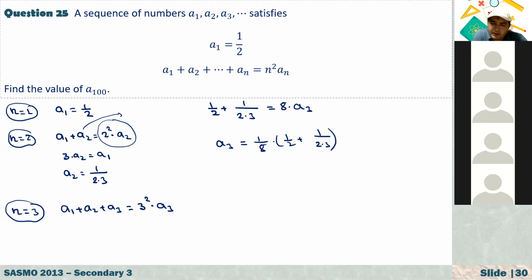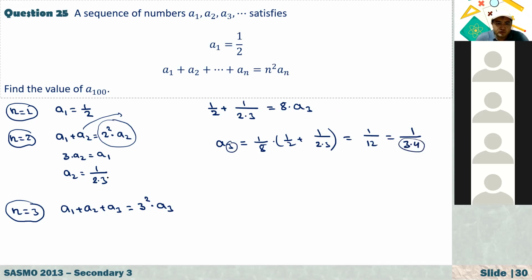I'm just trying to find a pattern. Do we have any pattern here? 1 over 12, which is 1 over 3 times 4. When it is 3, 3 times 4.